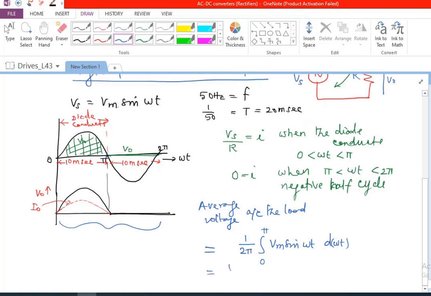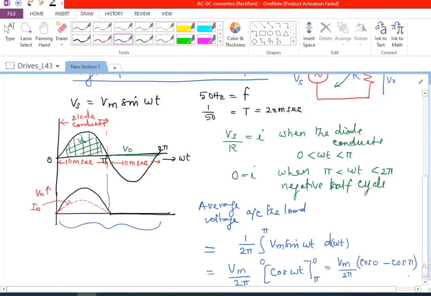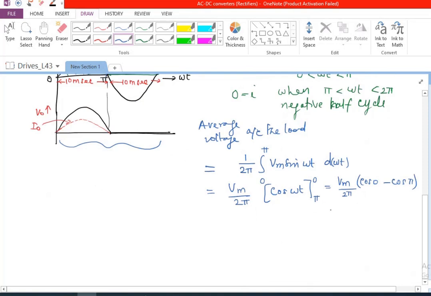So this will be Vm divided by 2 pi. And for sine, the integral is minus cosine. So I should be able to write cos omega t. And let me change the limits as pi at the bottom and 0 at the top. So this will be Vm divided by 2 pi multiplied by cos of 0 minus cos of pi, which would give me 1 plus 1, 2.